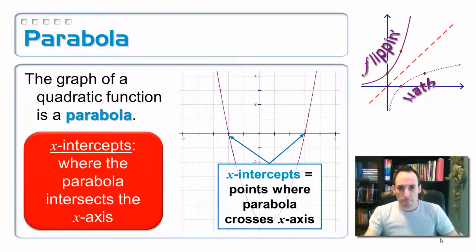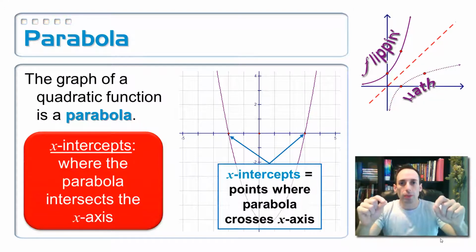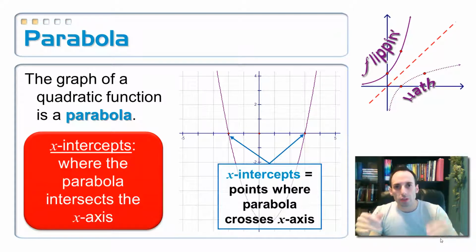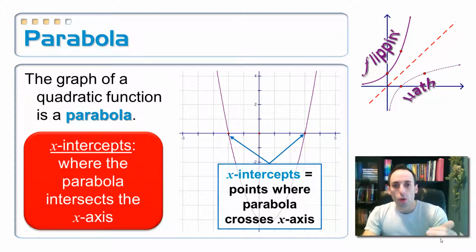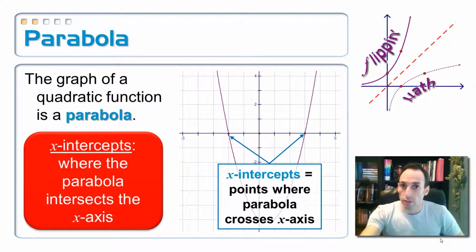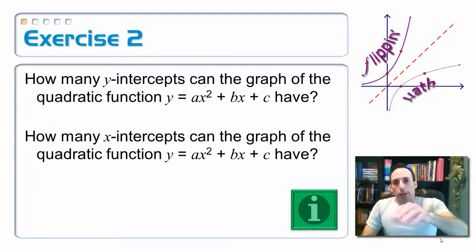Now I want you to think about something. If you have your x-intercepts touching the x-axis, what's the y-coordinate of any point on that x-axis? The same thing is, what is the y-coordinate of those x-intercepts? It's 0, right? Let me ask this question.